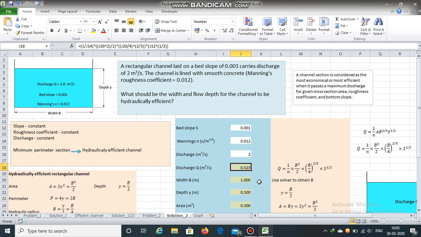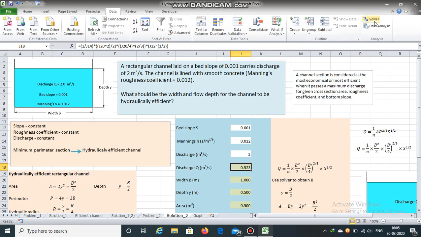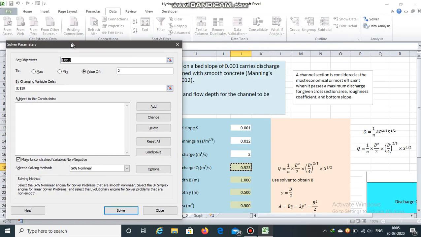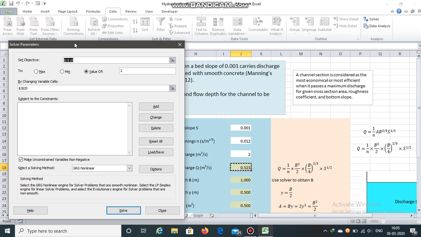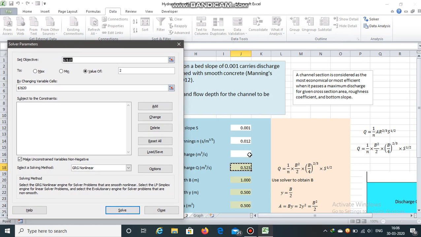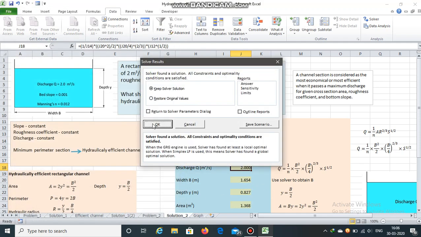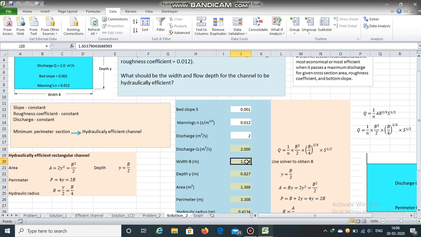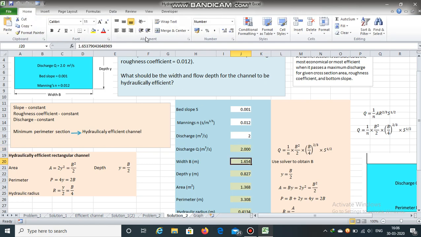Now let us obtain the value of width B using Solver. Data, Solver, set objective discharge value of 2 meter cube per second by changing width. So the width has been obtained. It is 1.654 meters.